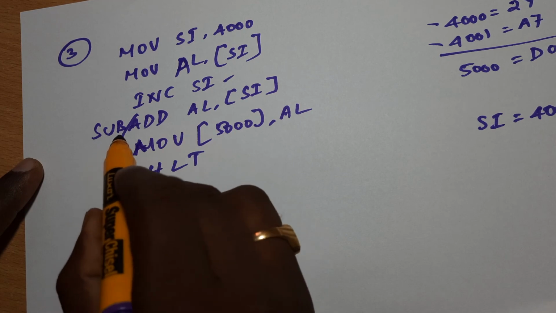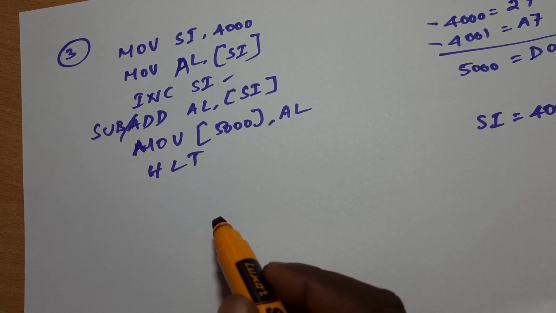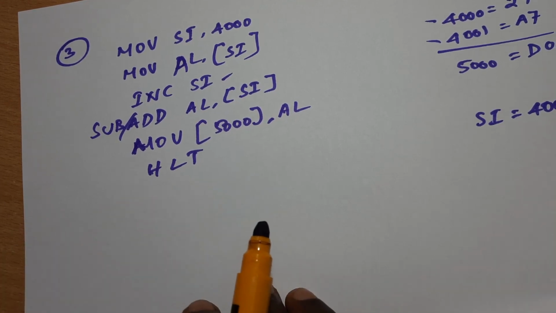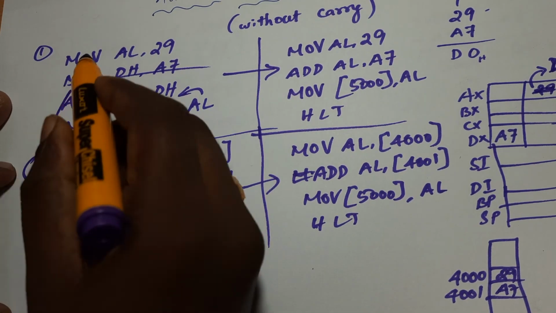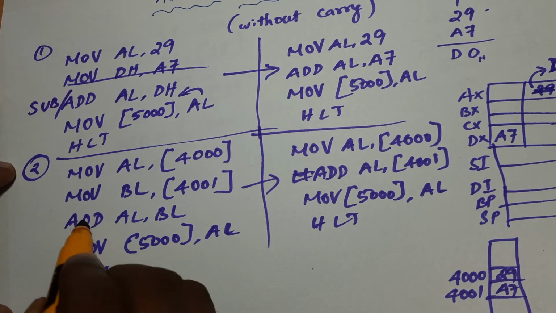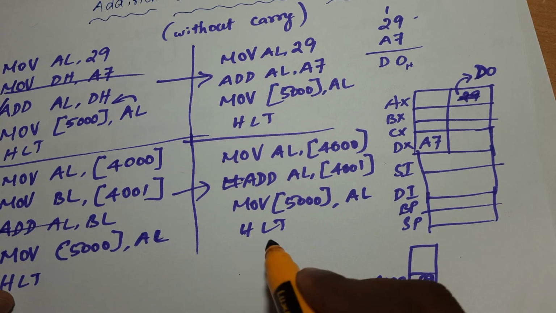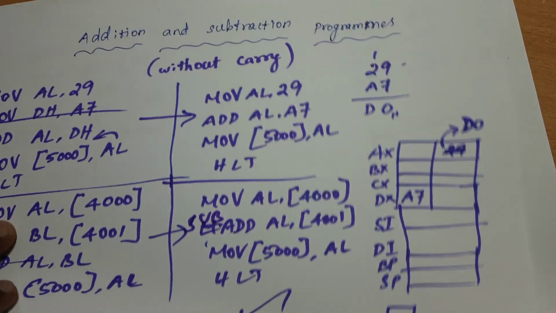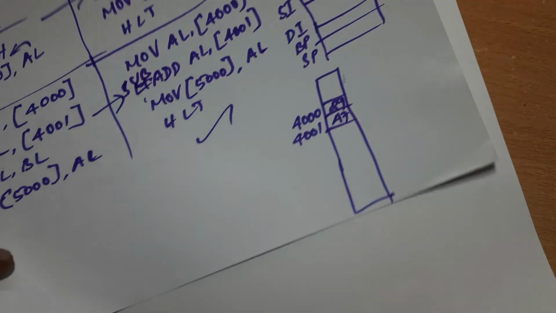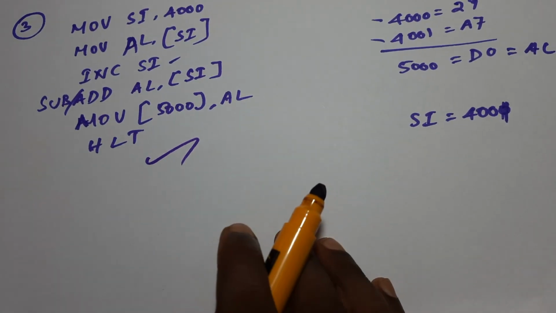Instead of ADD, if you put SUB, it is subtraction without borrow, which means we are not considering the previous carry stored in the carry flag or previous borrow stored in the borrow flag. In this method also, instead of ADD you put SUB. I prefer either this method or this method to write your program.